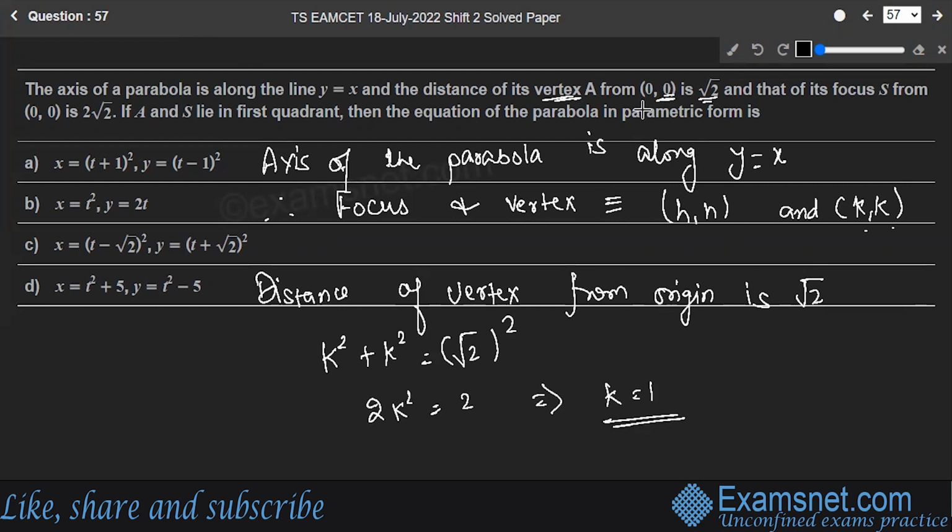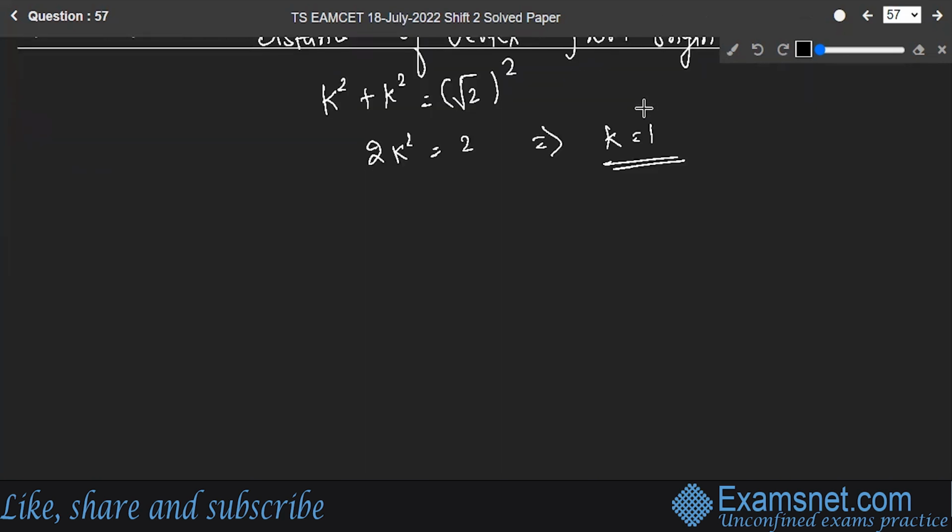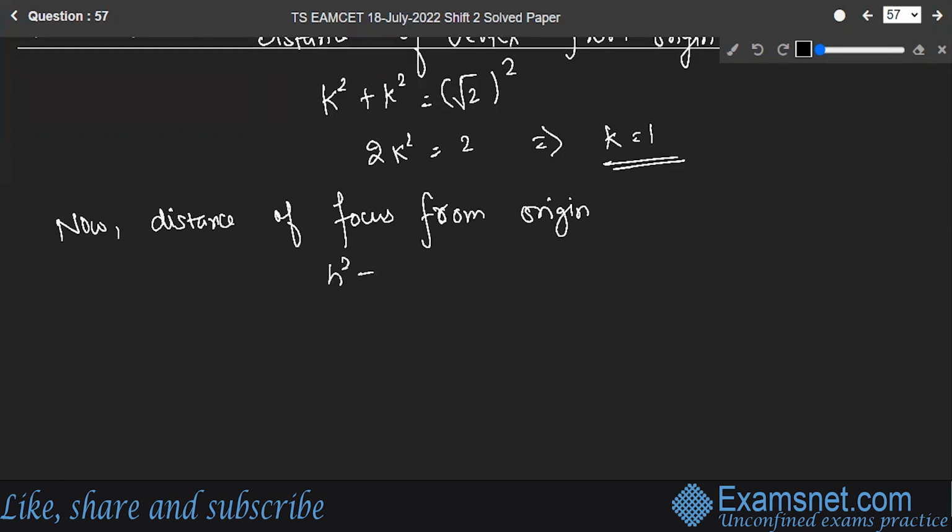Now the distance of the focus from the origin is given by h square plus h square is equal to 2 root 2 square, which gives you 2h square is equal to 8, or h is equal to 2.